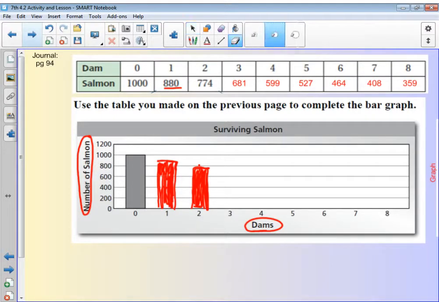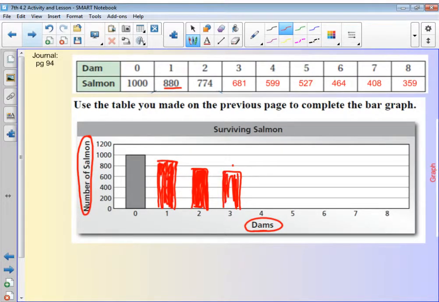I'm going to erase just the top part of that. Then at dam 3, we had 681, so that's a little under 700. A little under halfway, because this is 800, this is 600, so about halfway up, a little under. As I said, you're not going to see a perfect number.